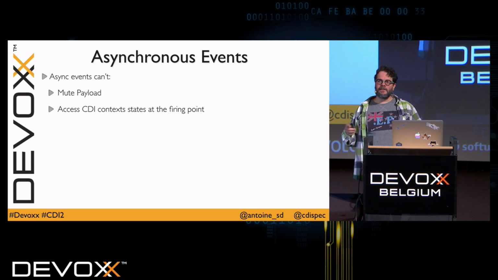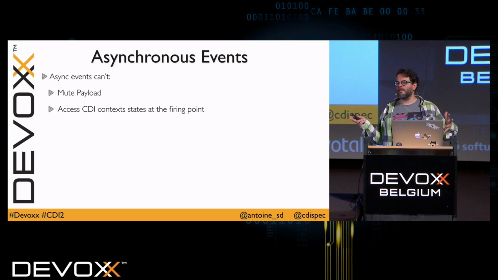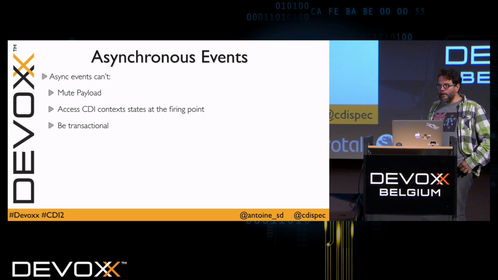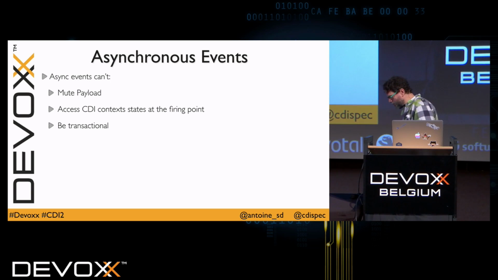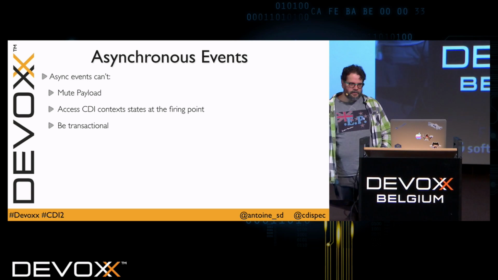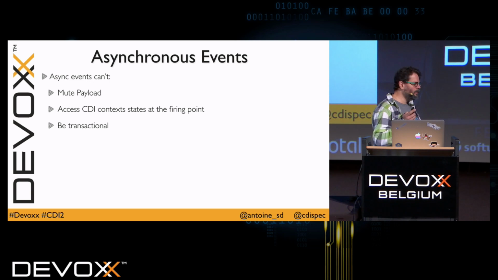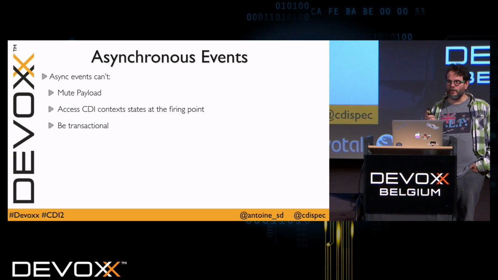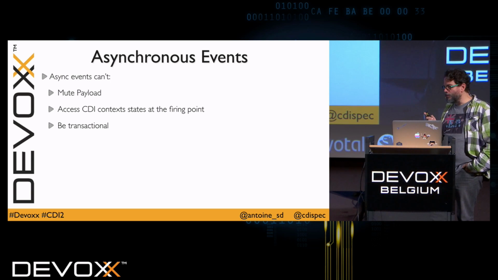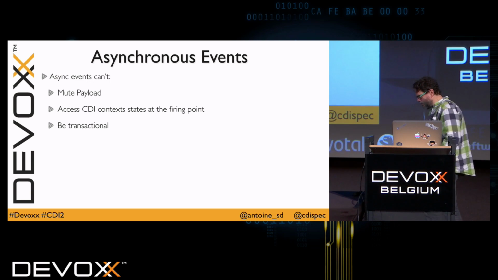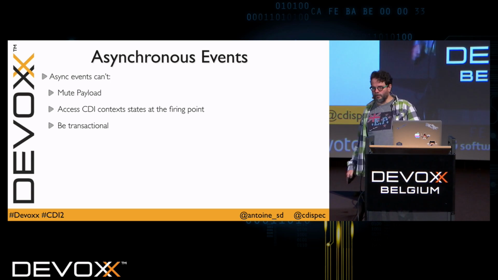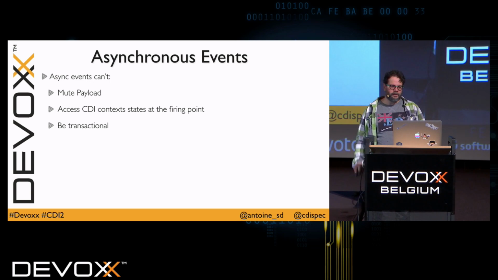The application context is shared, so it's accessible. But for other contexts like request, session, and conversation, you don't have access to them. And it cannot be transactional for the same reason. If we want to provide a convenient and fast way of executing these asynchronous observers, we won't be able to provide the transactional support we have in synchronous events today.